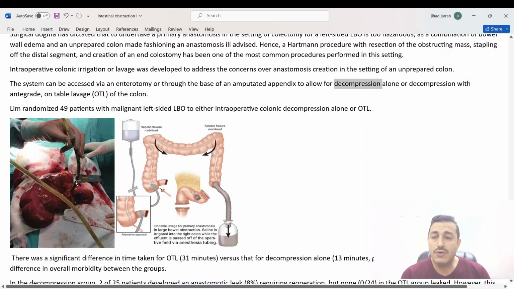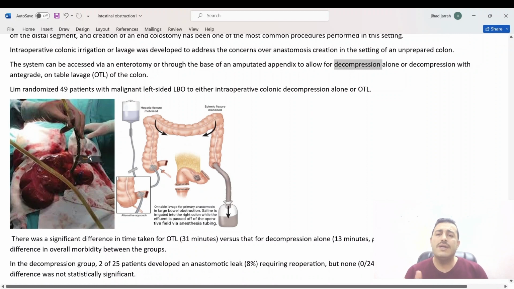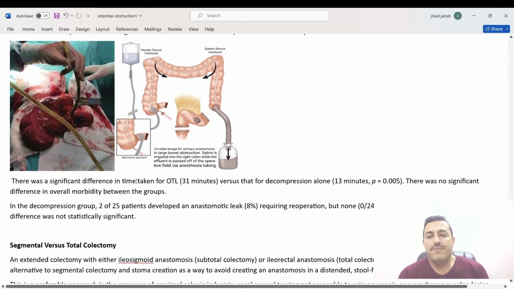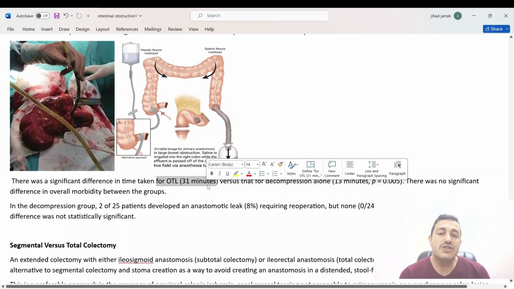For example, you can see in this picture, they put a tube through an enterotomy and they decompress the fecally loaded colon. Multiple studies compare what is best to do, decompression alone or on table lavage. The big advantage, for example, is that decompression takes 13 minutes while on table lavage takes 31 minutes.